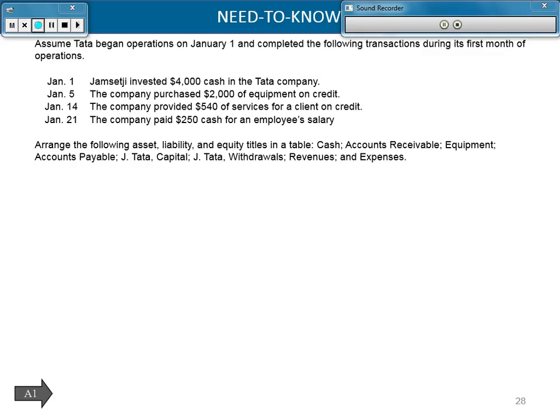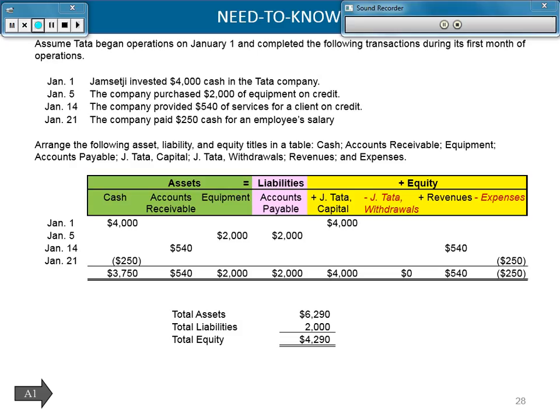Now, these transactions, they're giving you the accounts to list them under. We've got to figure out how to journalize, or how to make sense of, these transactions. I just want you to look at it because you're going to do this. January 1st, they invested $4,000 cash. So where did the $4,000 go? Cash increased. Those are the kind of words I want you to use. So cash increased by $4,000, and what else increased?